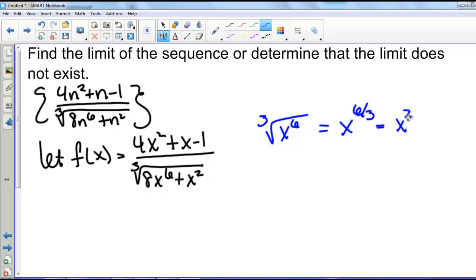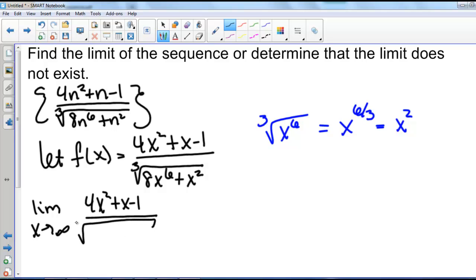So we want to multiply the top and the bottom by 1 over x squared when we go to find our limit. So we're finding the limit as x goes to infinity of 4x squared plus x minus 1 over the quantity cubed root of 8x to the 6th plus x squared, and multiply the top and the bottom by 1 over x squared.